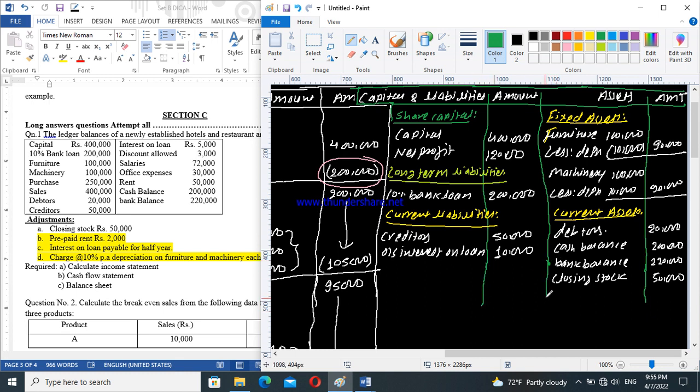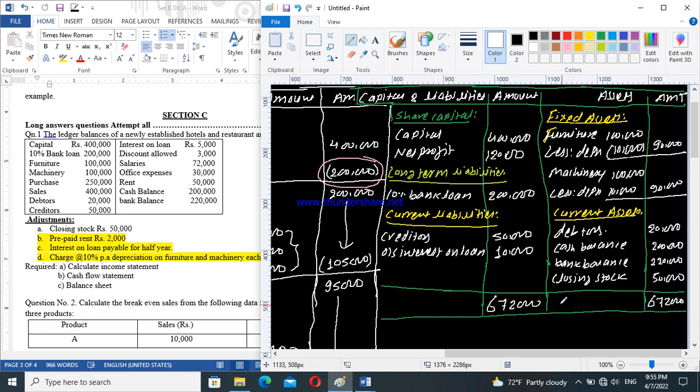And section C, set B, this section is completed, and add this information: 4 lakh, 6 lakh, 6 lakh 50,000, 6 lakh 72,000.